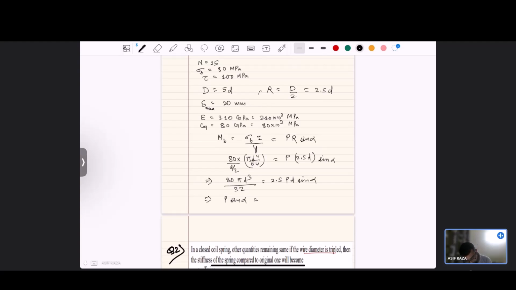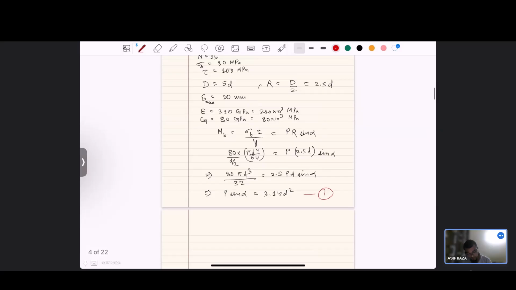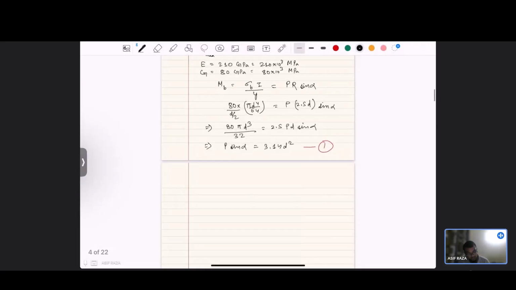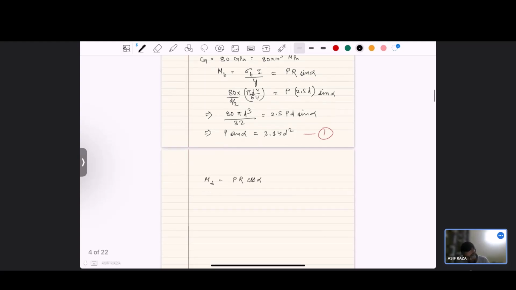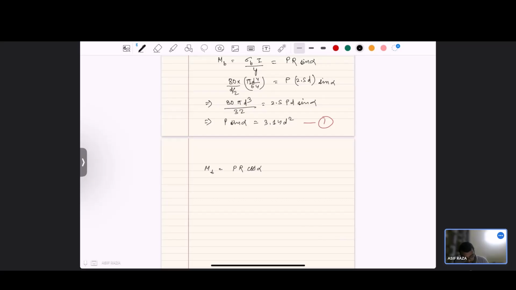So this comes around 3.14 d square. Now similarly with the torsion formula, tau equated with this PR cos alpha, so that would give me P cos alpha equal to 7.85 d square with the torsion formula.